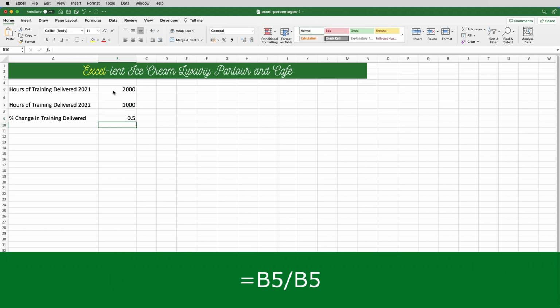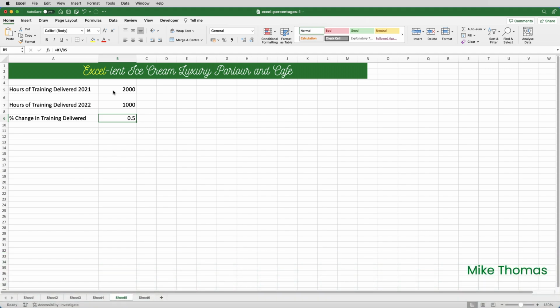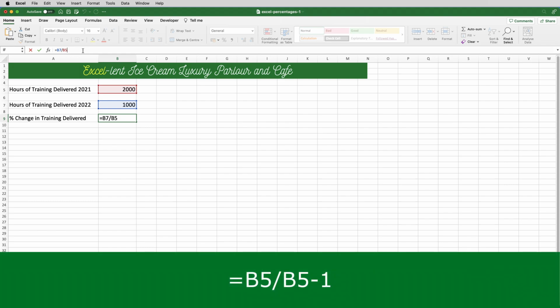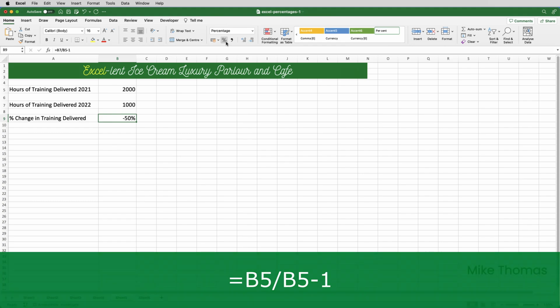And I get 0.5 there. Now, I could leave it as 0.5 because 1,000 is 50% of 2,000. But if I want to show that as a negative, I will do like I did in the previous example, and I will subtract a 1. And then change the way that cell is displaying the number, and we get a 50% reduction.